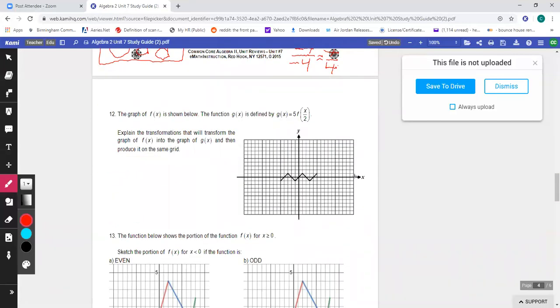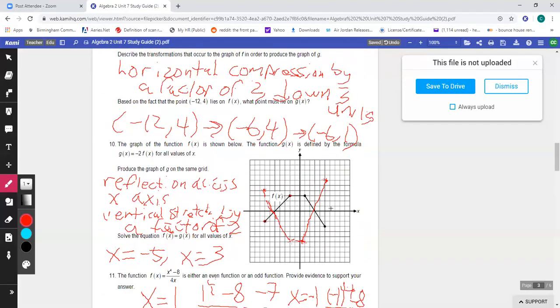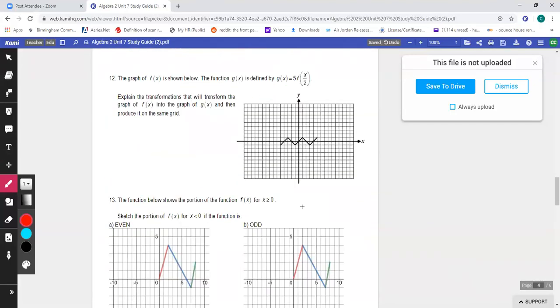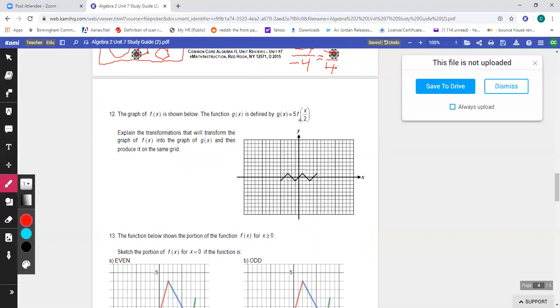Okay, number 12 is another graphing question. It is just like number 10. So if I have a function defined by 5 f of x over 2, don't be confused by the x over 2. Remember, dividing by 2 is the same thing as multiplying by 1/2.